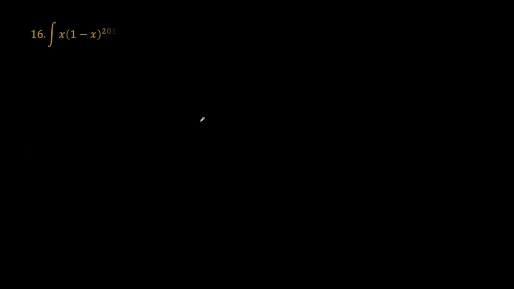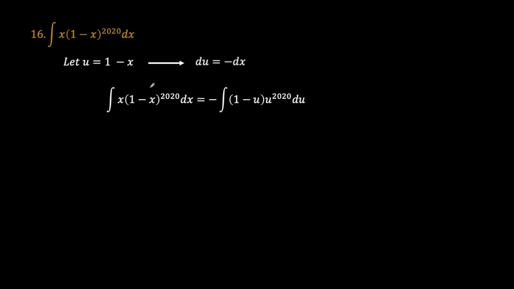Then problem 16, which is the integral of x times (1 minus x) to the power 2020. The first thing you do is let u be equal to 1 minus x. That means that dx is equal to negative du, or vice versa.